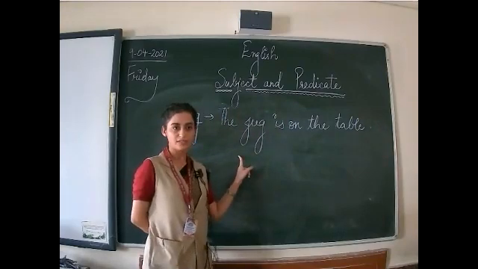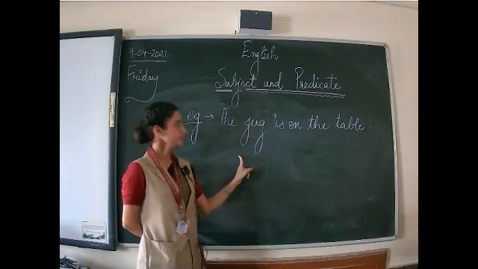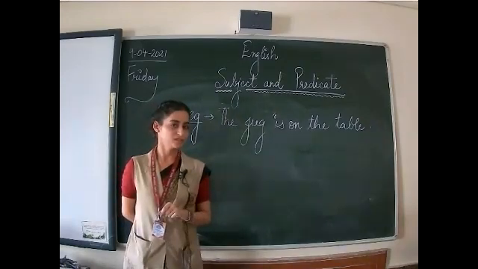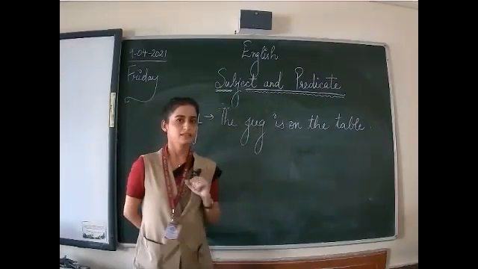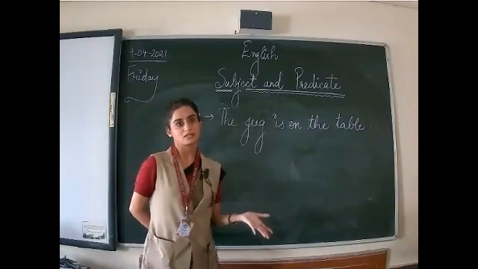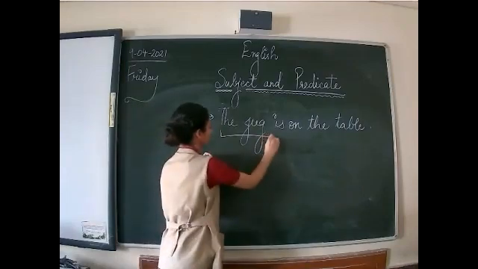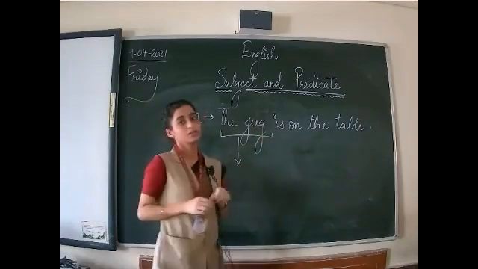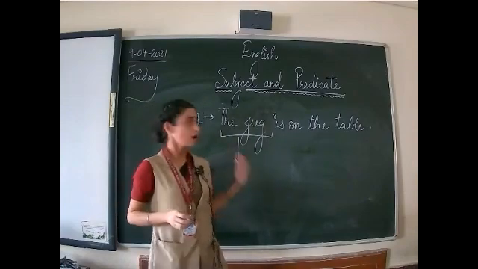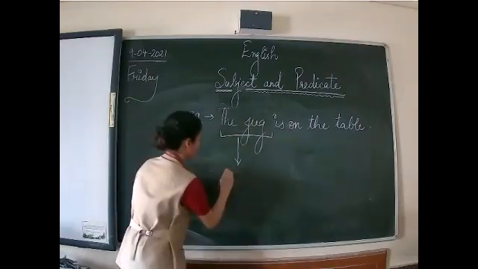This was the example, right? So we know what is the subject here. Any guesses? I had told you already, so it's very easy for you to now guess. So the jug is your subject because we are talking about the jug.